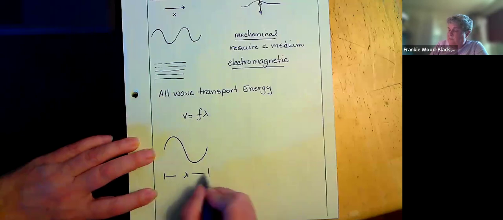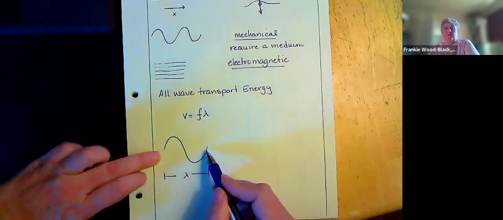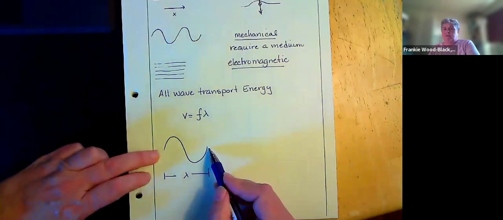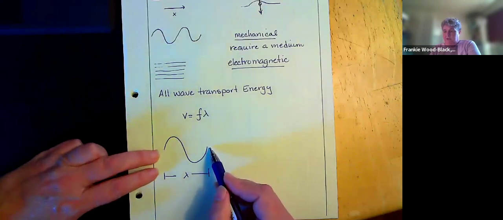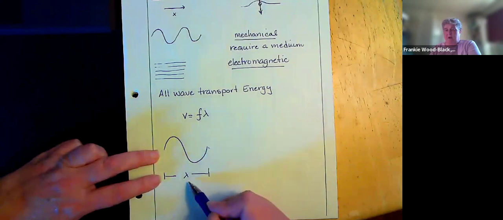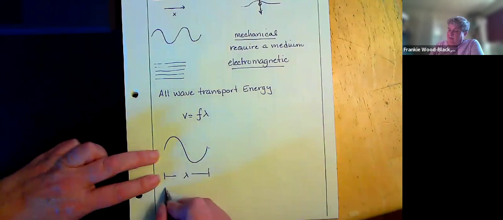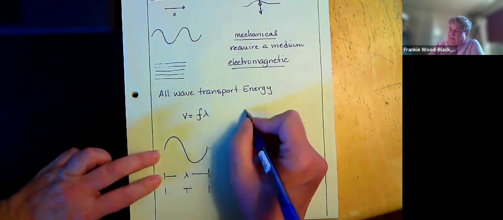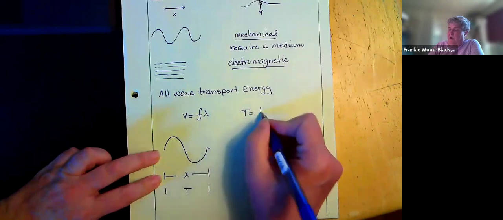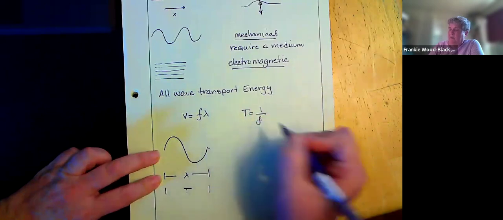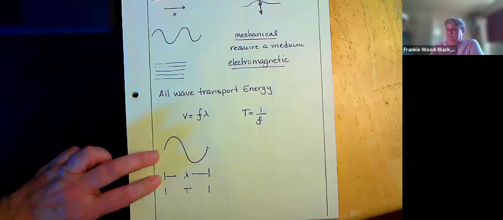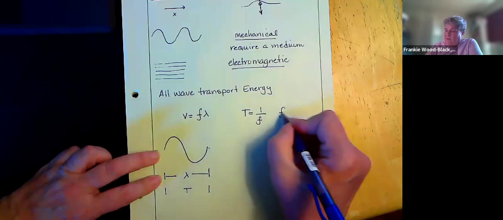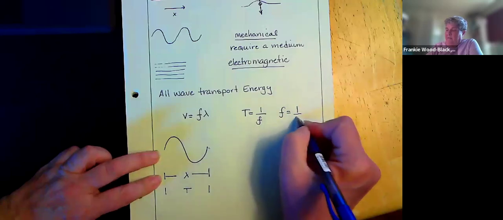The distance for one complete wave from point to point. You can measure it any place you want to, but you're making one complete cycle of the wave. That is your wavelength. The time that it takes to go here is the period, and remember that the period is equal to 1 over the frequency, or the frequency is equal to 1 over the period.